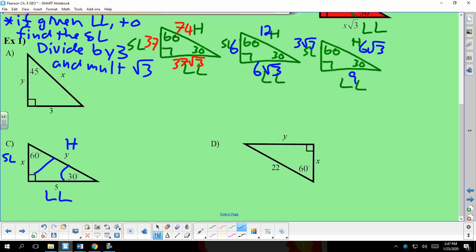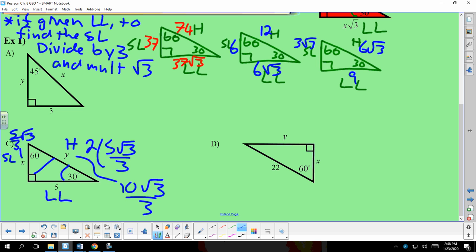So what I want to do is divide by 3 times square root of 3 to find this. So this is going to be 5 over 3 times the square root of 3. There's my x. The y is going to be twice that, so 2 times 5 root 3 over 3, or just 10 root 3 over 3.